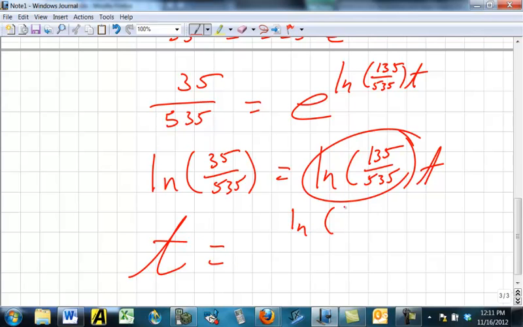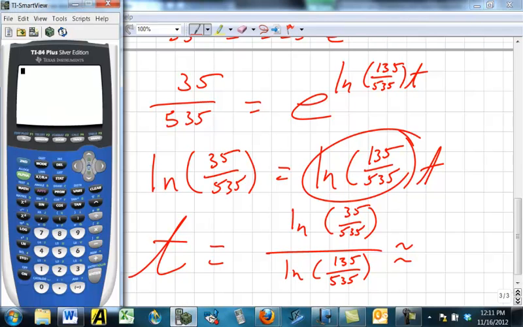It's natural log of 35 over 535, divided by natural log of 135 over 535. We might be able to reduce those fractions, but let's get a decimal approximation for this now.